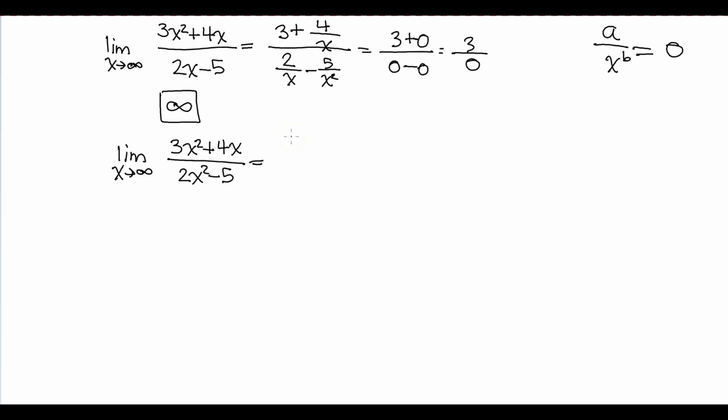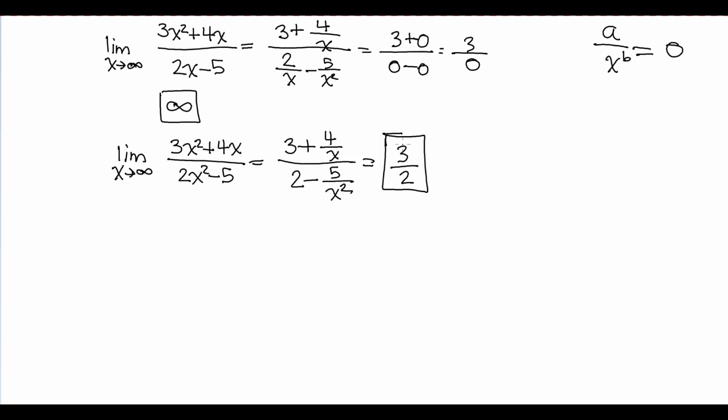We're going to divide every single term by x squared to keep it equal. So we have 3 plus 4 over x over 2 minus 5 over x squared. And now we can easily evaluate this limit, because the limit as x approaches infinity of 4 over x and 5 over x squared is 0. So we get 3 over 2. So we've changed it from a limit approaching infinity to a limit approaching a finite value, 3 over 2.